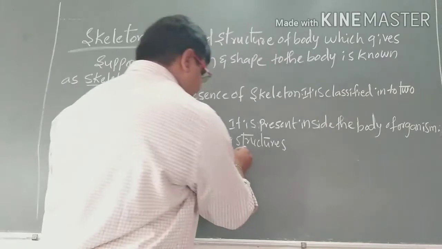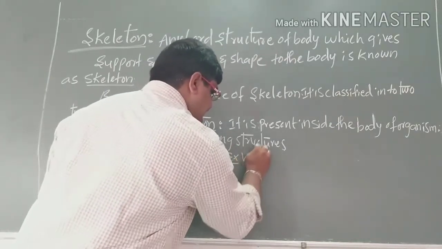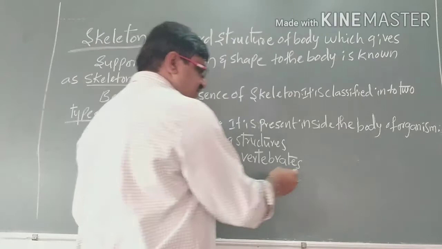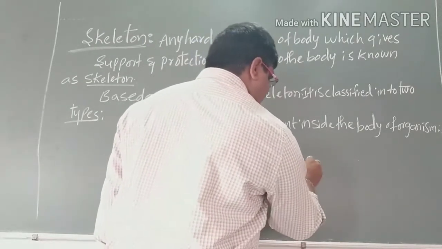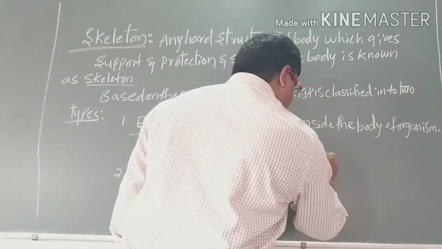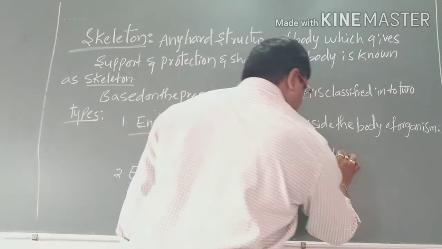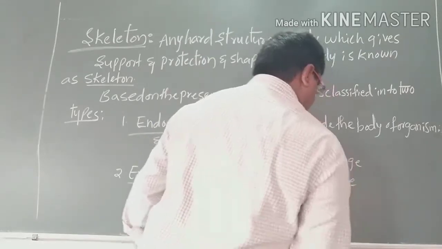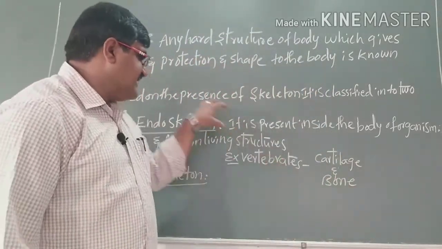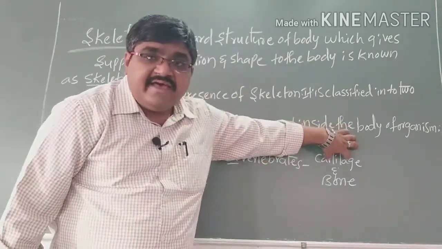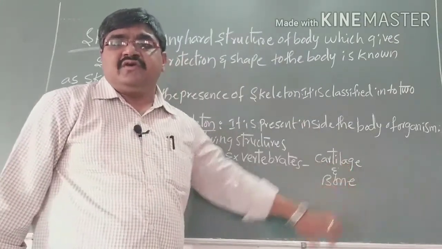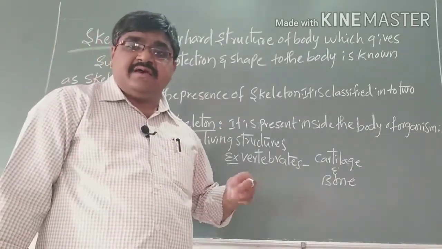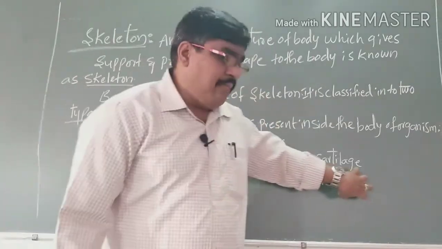As an example, take the vertebrates. In vertebrates, the endoskeleton is present in the form of cartilage and also bone. In the embryonic stage the notochord is present, and it is replaced by the vertebral column, which is made up of bone or cartilage.